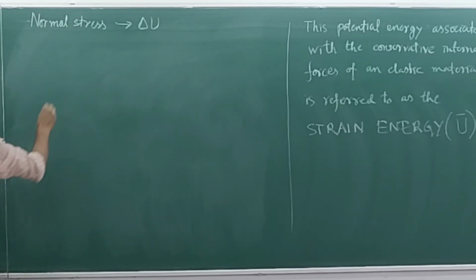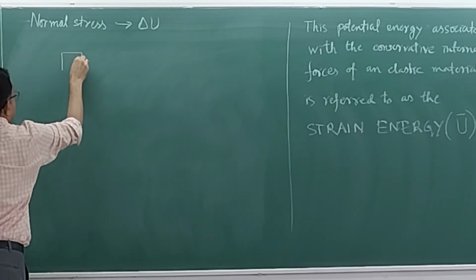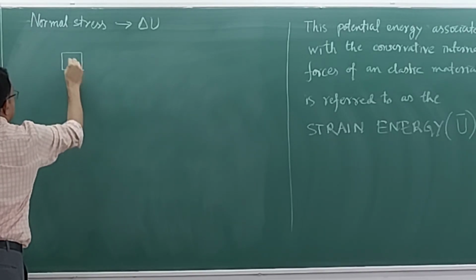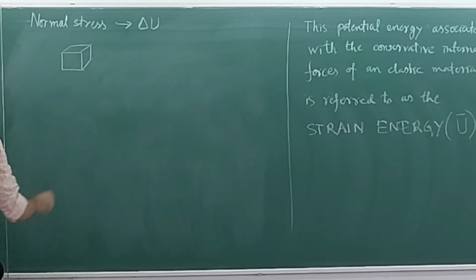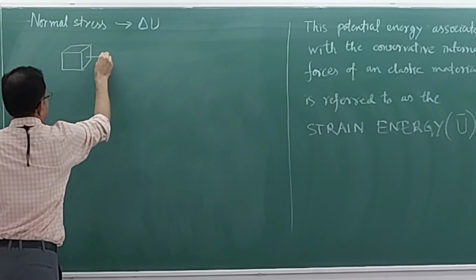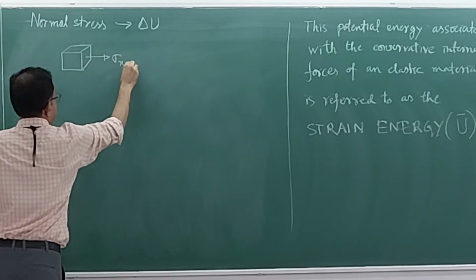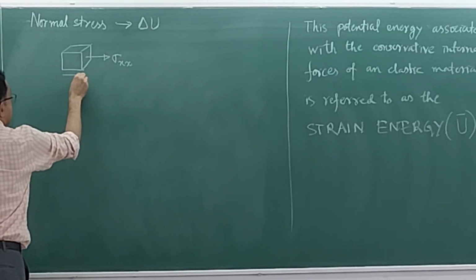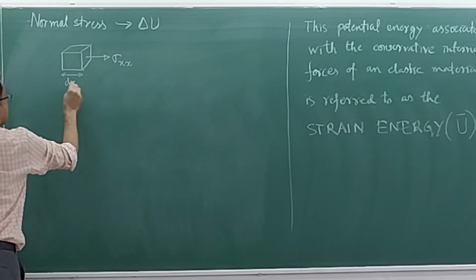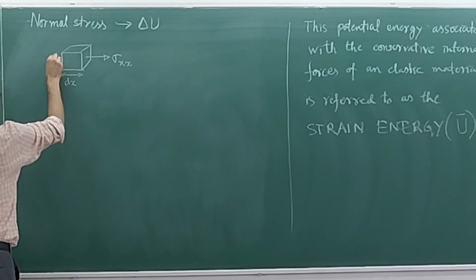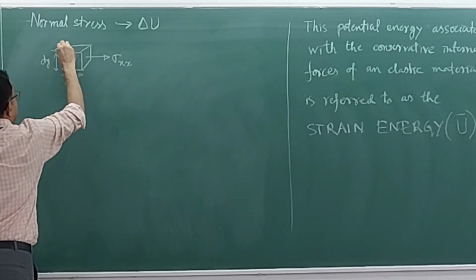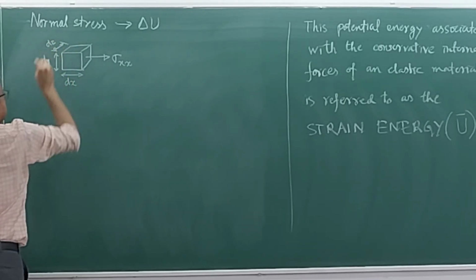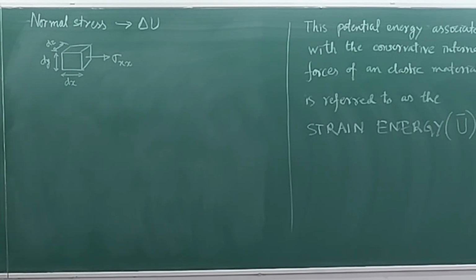Think of it like this: you have this kind of a chunk of material. Here you have this sigma xx. This is dx, this is dy, and this over here is dz. As simple as that.